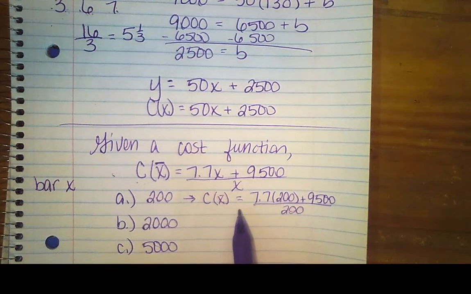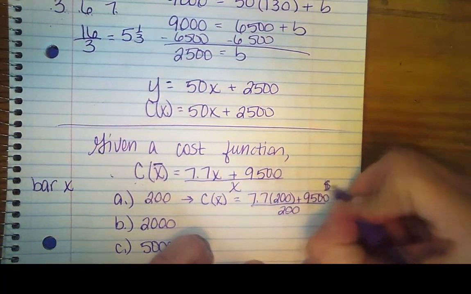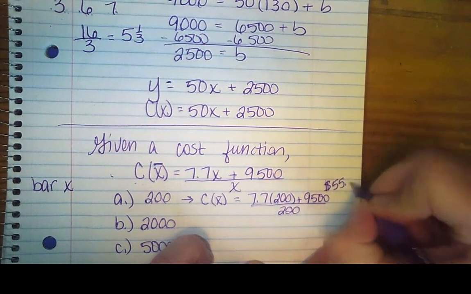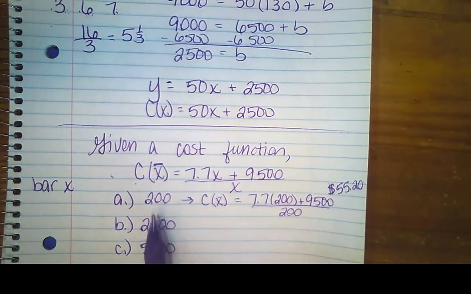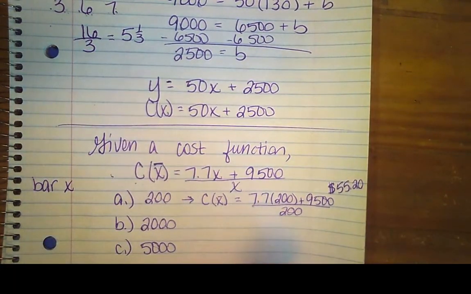But I want to know the average cost, so divide it by 200 and I get $55.20. In other words, if I produce 200 items, it essentially costs me $55.20 per item to produce.